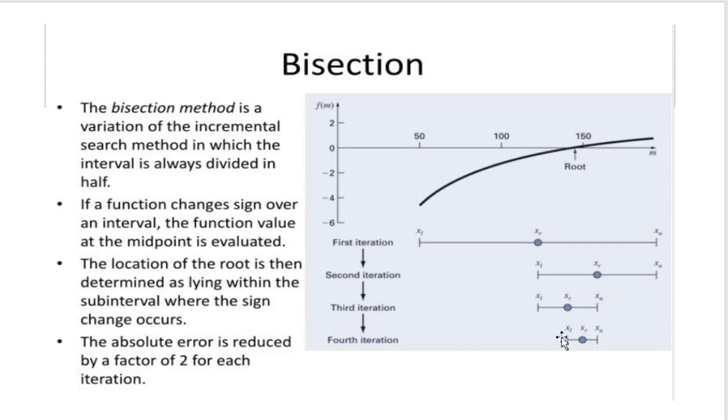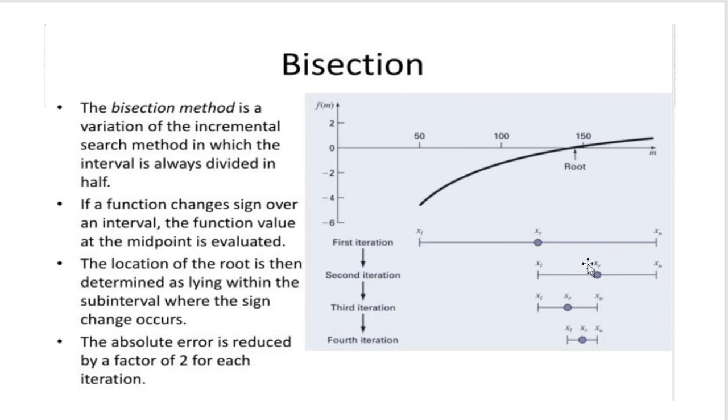So if you just look at the method, we started with this range XL to XU, that was 50 to 200. After the first iteration, the search range was halved, that was from this XR to XU.